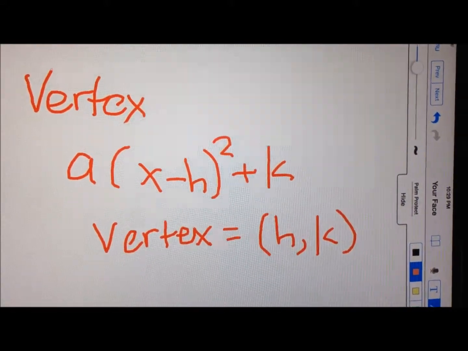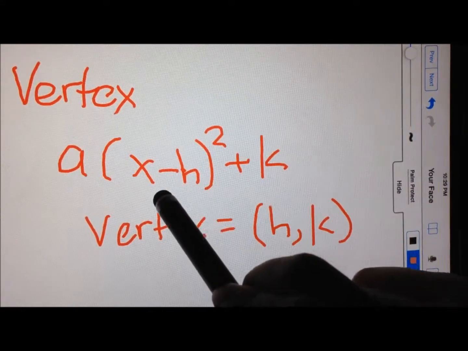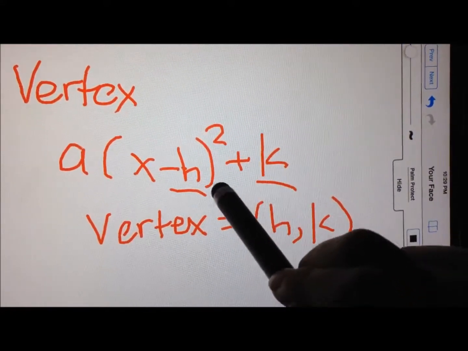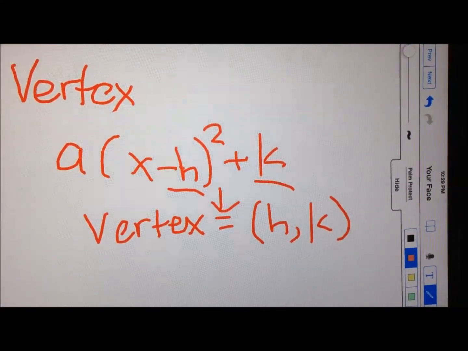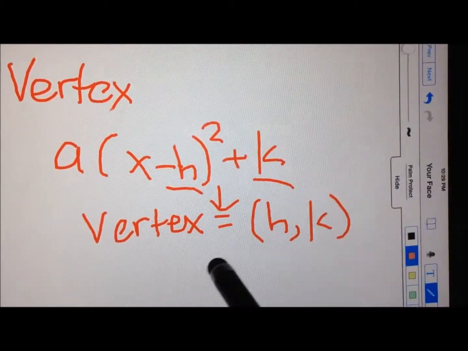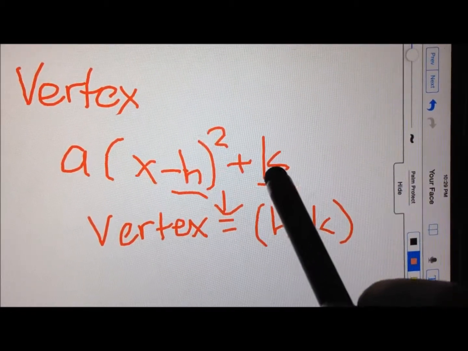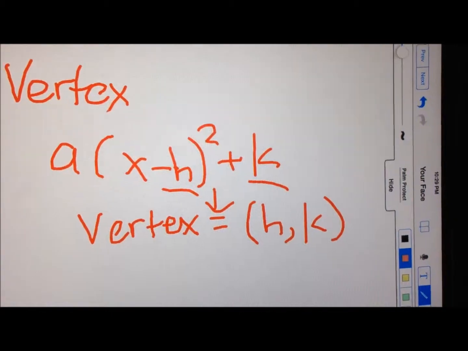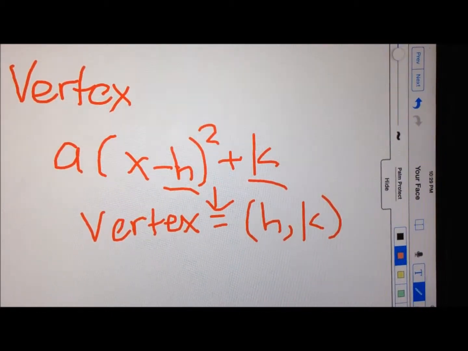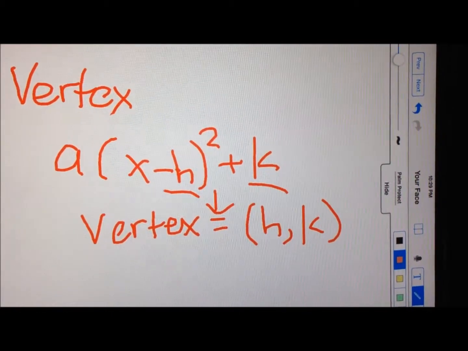Now, when you're putting h and k down as the vertex, you are going to switch the signs, so that h is positive or h is negative, and vice versa, depending on whether your number is positive or negative.